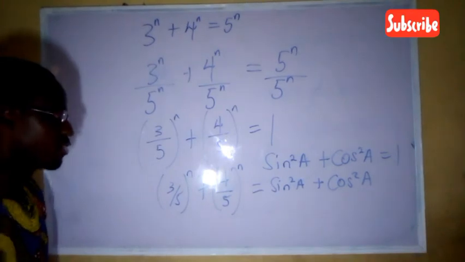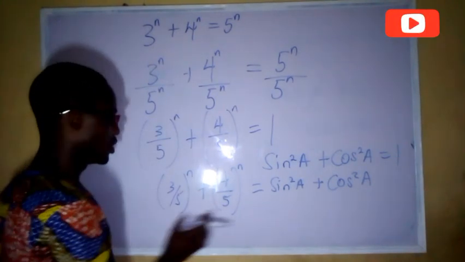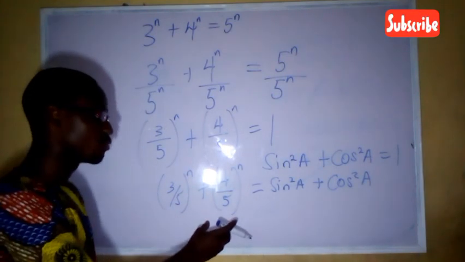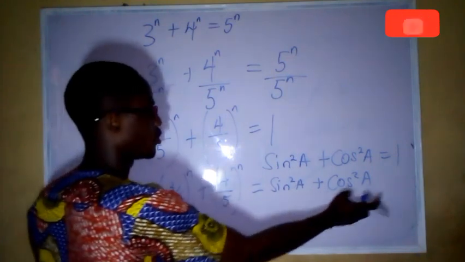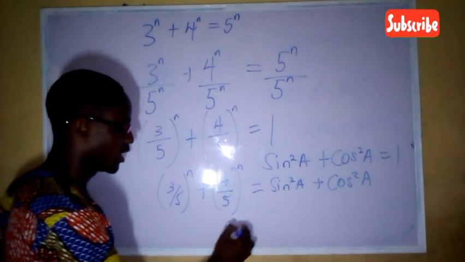Comparing what we have here, 3 all over 5 raised to the power n takes the place of sine square a, and 4 all over 5 takes the place of cos square a. So we can conclude by comparing these two equations that n is equal to 2.